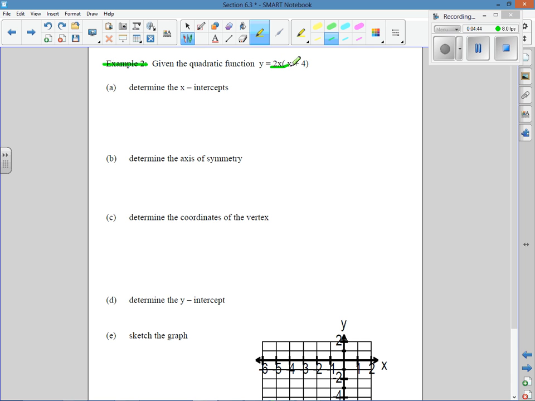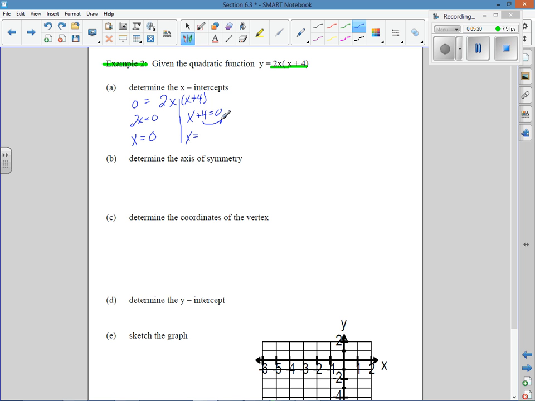Again, this is in factored form. Determine the x-intercepts. So when you determine the x-intercepts, the y value is 0. Either this works out to be 0, so 2 times some number is 0, so x has to be 0, or x plus 4 is equal to 0.